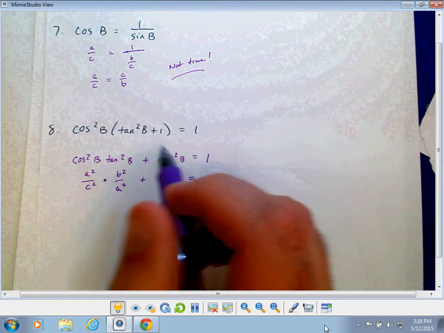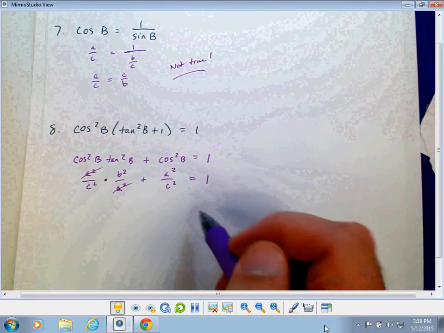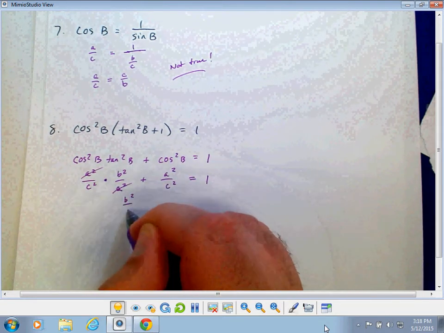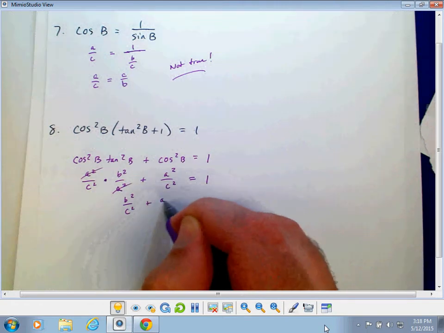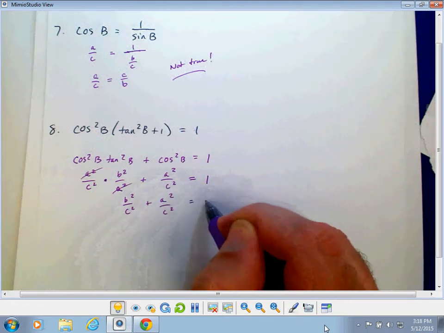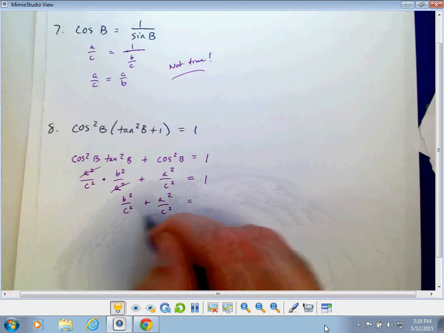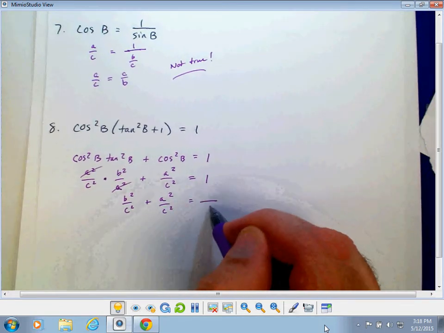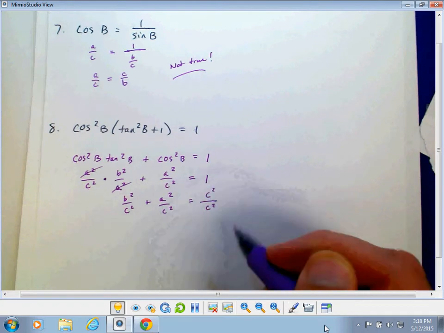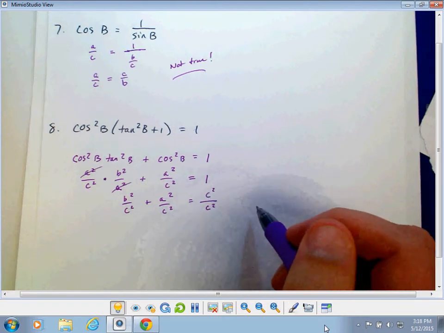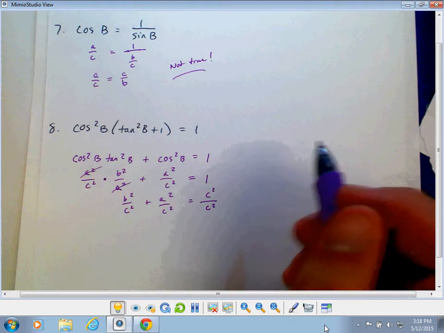The reason why that makes a huge difference is the A squareds cancel. And so what I'm left with is B squared over C squared plus A squared over C squared equals 1. But again, to compare these things, since these are all over C squareds, I'm going to write this 1 as C squared over C squared. Starting to see a pattern to those kind of solutions.